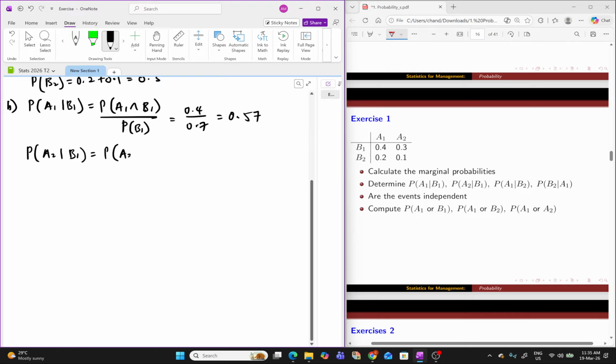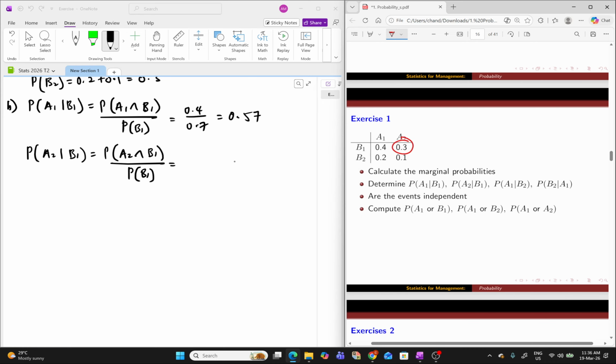A2 intersect B1 is here, 0.3, B1 just now 0.7, you get 0.43.